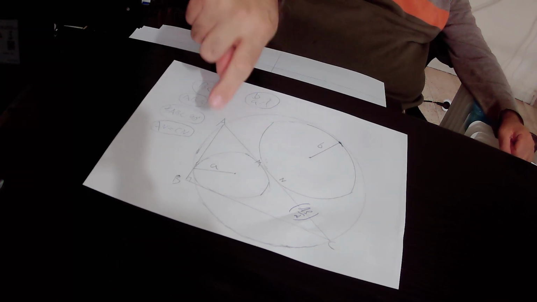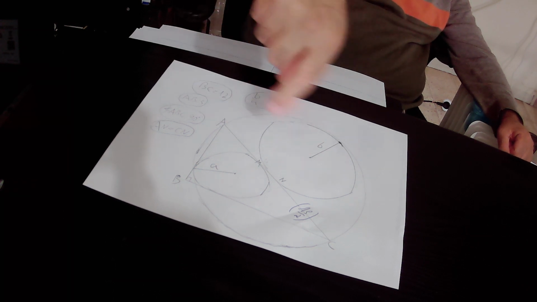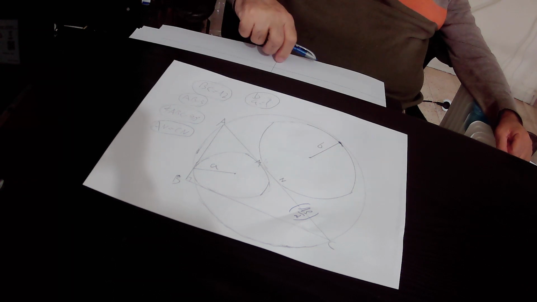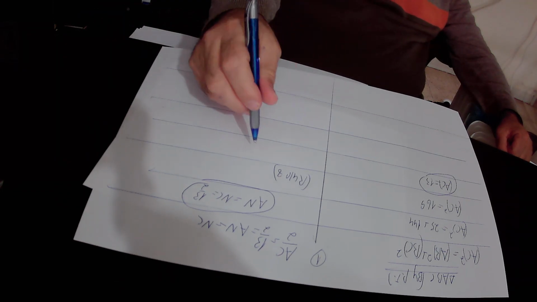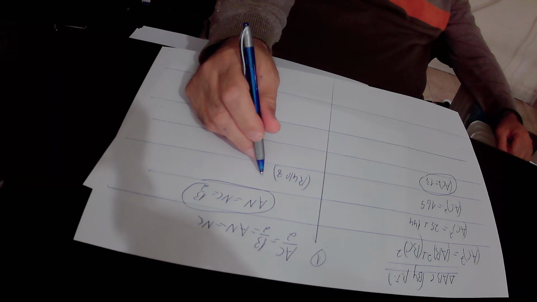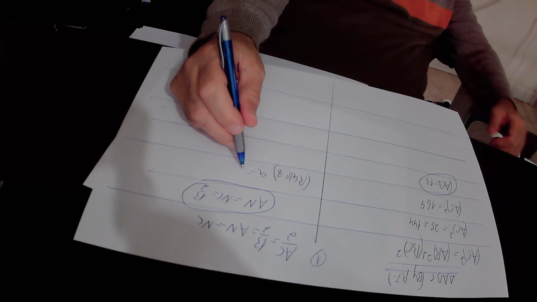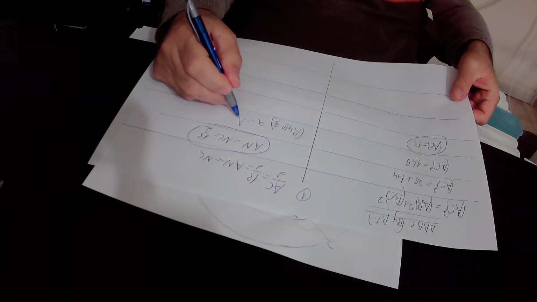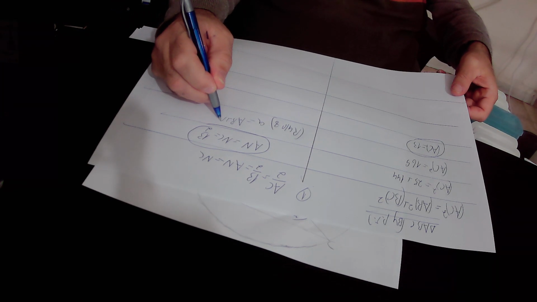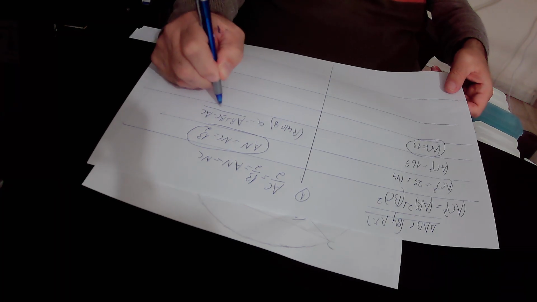Again, the radius a, according to rule number 8, will be equal to AB plus BC minus AC over 2. So, writing down, the radius a of the circle that is blocked by the right triangle ABC will be equal to AB plus BC minus AC over 2.